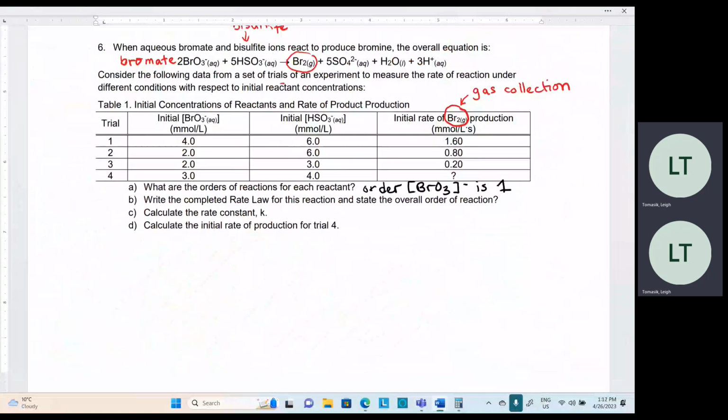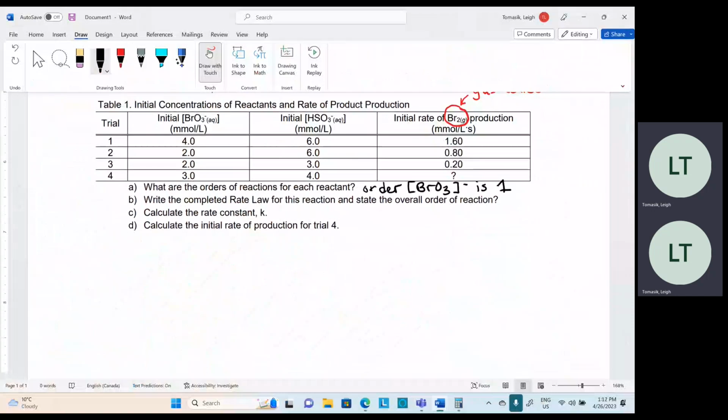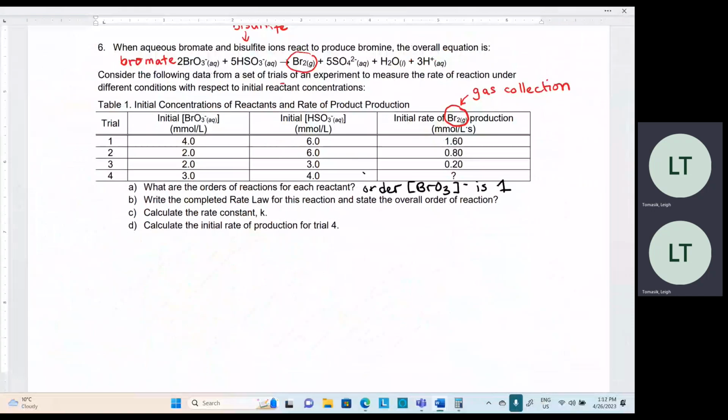Okay, so we're going to do the same thing for bisulfite, which is HSO3 minus. For bisulfite, we're going to need 2 trials where bromate is the same. So that's trials 2 and 3.